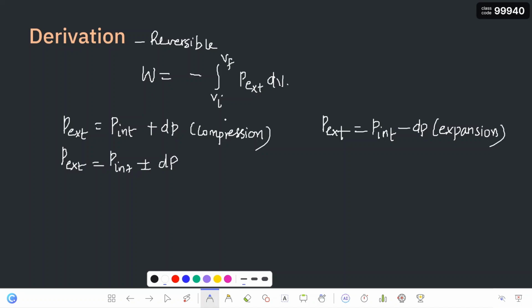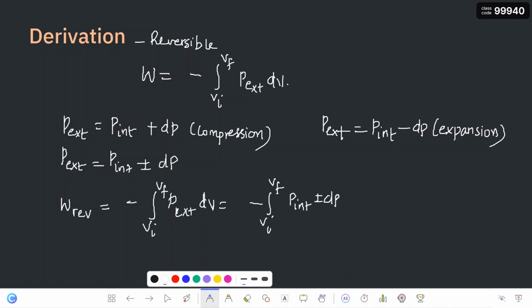Then we take this equation. We have to find out W for reversible process, which I already told is minus the integral from Vi to Vf of P external dV. We can replace P external with P internal plus or minus dP, into dV.